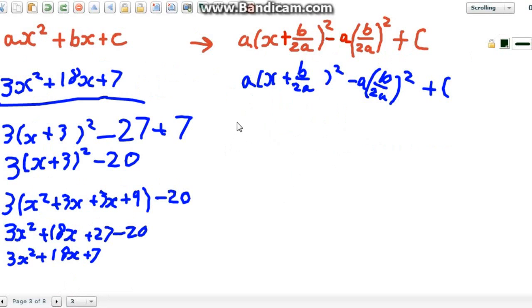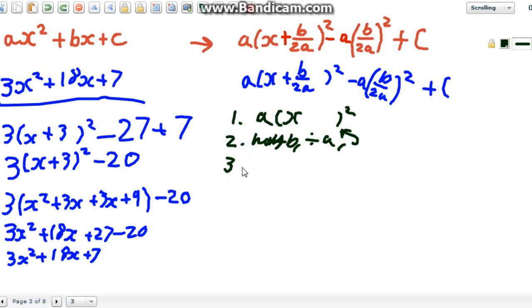Here it's a little more complicated. First step is to put down your a. Second step is to half your b value and then divide it by a and then put it in there.